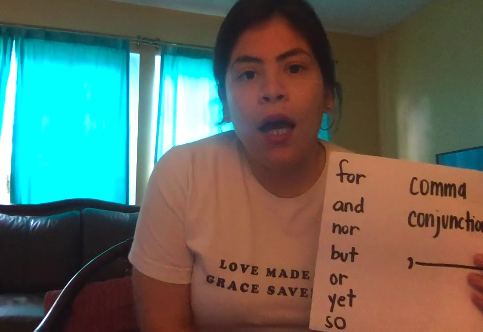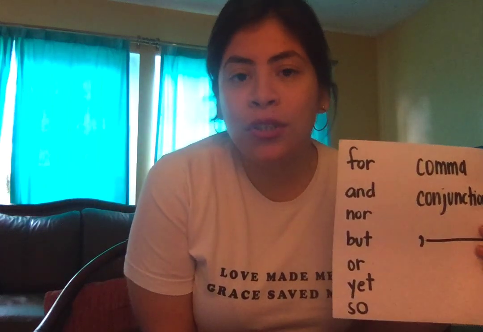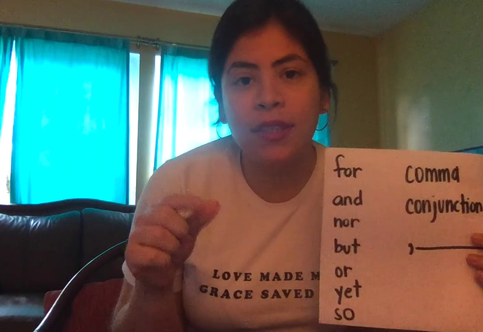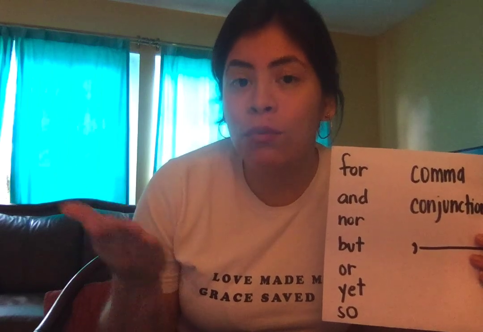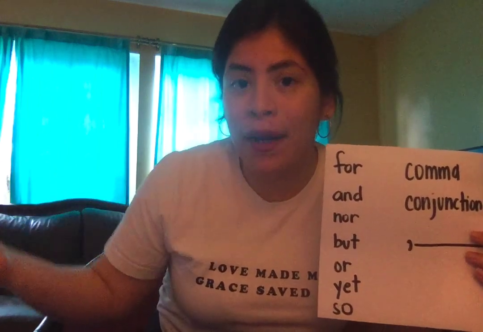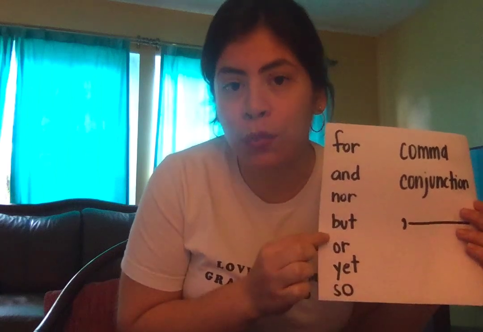So you is my subject, can finish it tomorrow is also our predicate. So you have to have a subject right after that conjunction. You cannot say, you can finish your census today or tomorrow. That one wouldn't work because it doesn't have a subject right after or. Do you understand? So you need to have a subject right after that conjunction and a predicate in order for or to work.